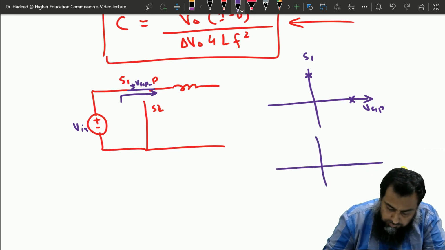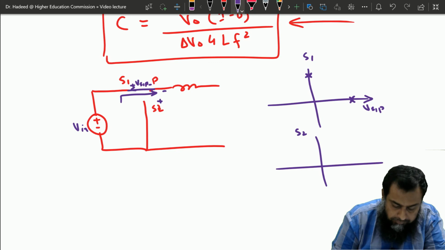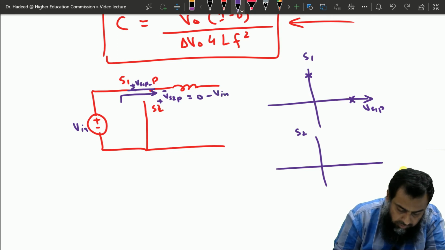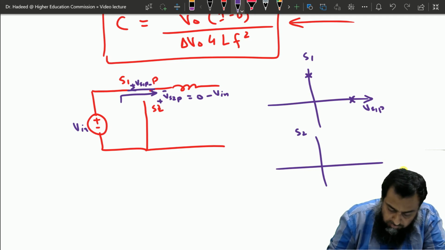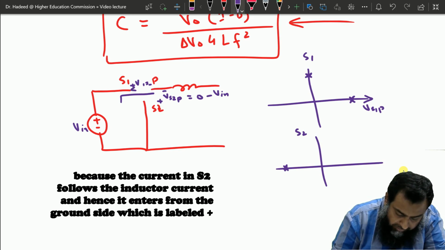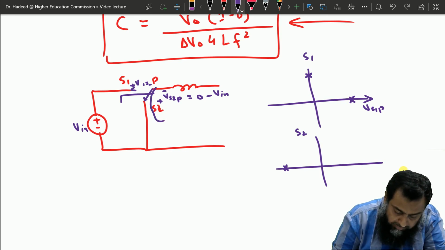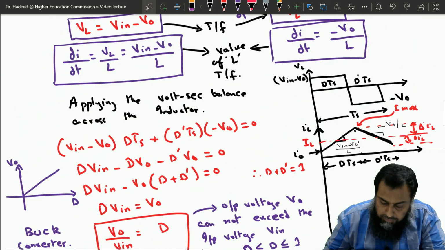For the switch S2, when this switch is connected here, the voltage that it needs to block is this plus and this minus. So VS2P is equal to 0 minus V in, because the pole is now connected with V in. So it requires a negative voltage blocking capability, and when we connect P with S2, the current flows in this particular direction, because the inductor current is not negative for this converter.